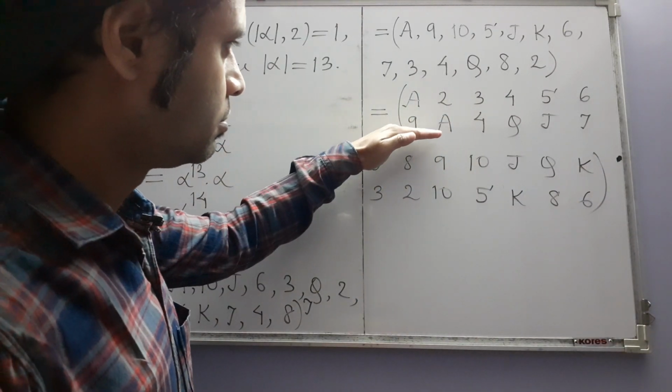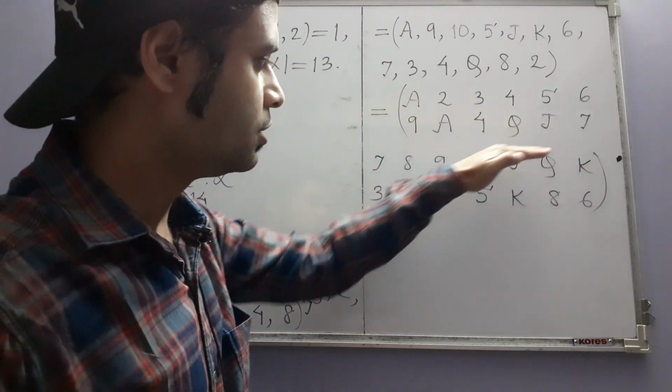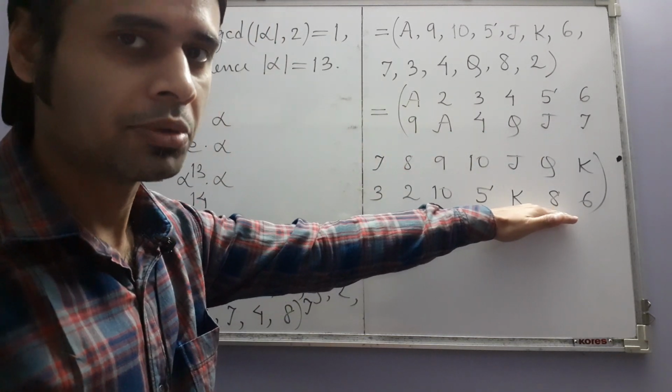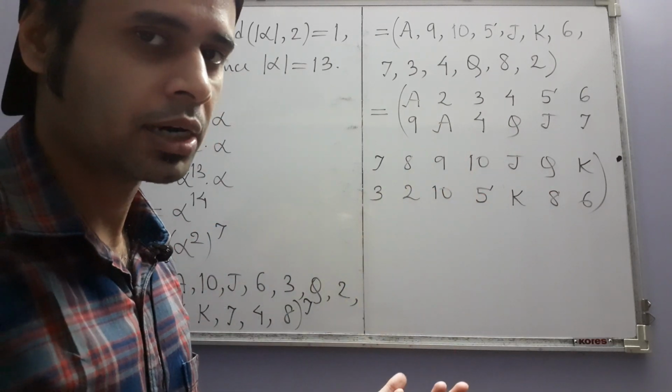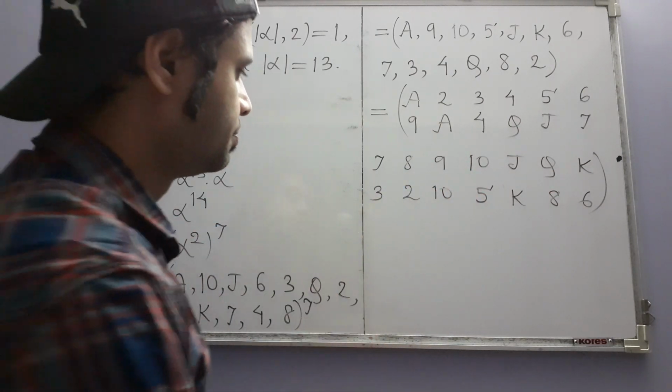So the order in which you see the cards emerge in the second row, that is the order in which they will emerge after one shuffle.